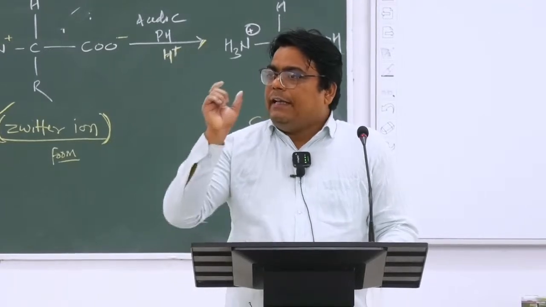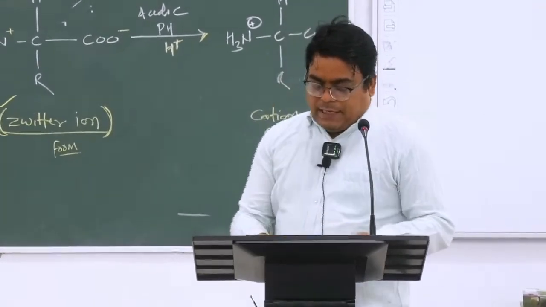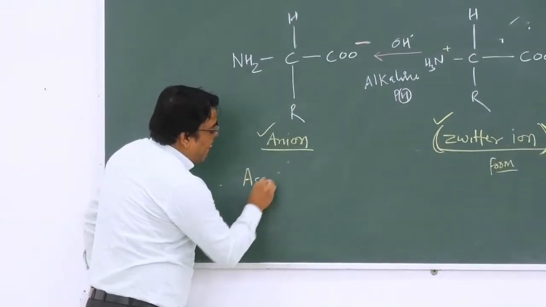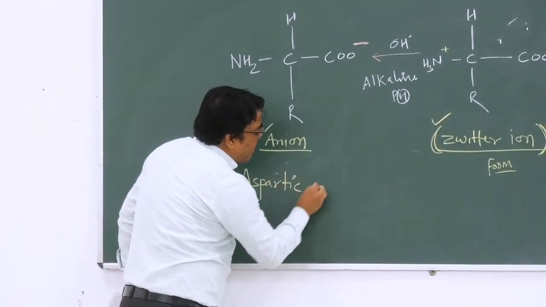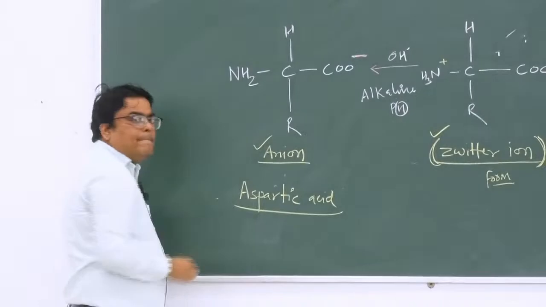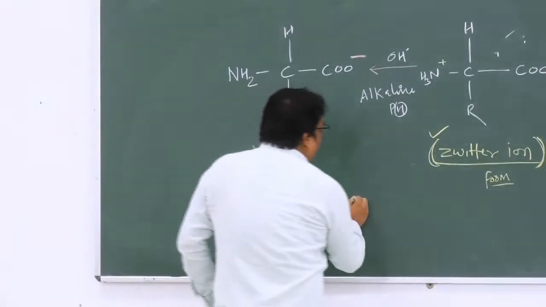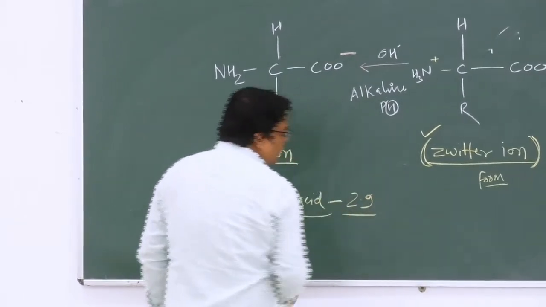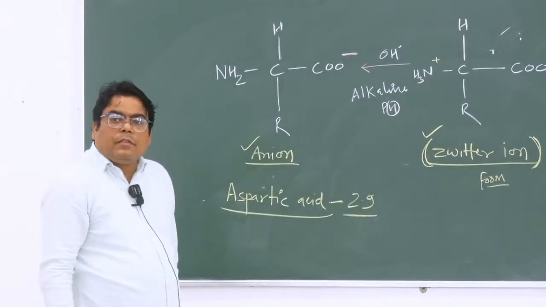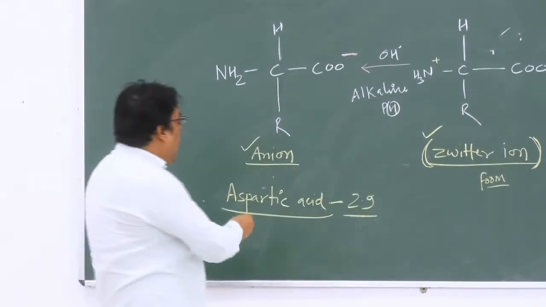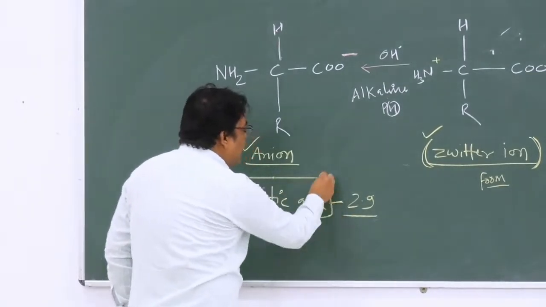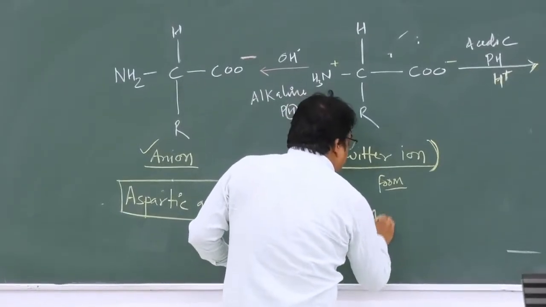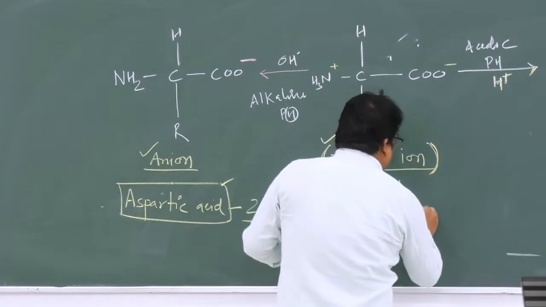For example, if we take aspartic acid, its isoelectric pH is 2.9, and for lysine the pH is 0.7.